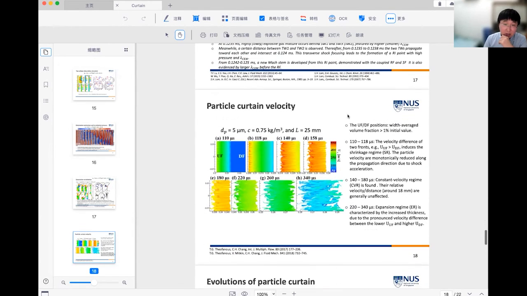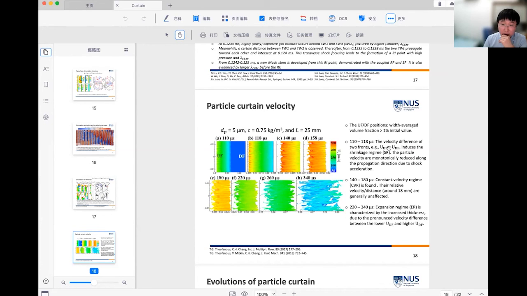So here we discuss the particle curtain phase. The figure shows the velocity fields of the particle curtain. Here the up front and down front of the particle curtain are determined from the average volume fraction when it is greater than 1% of the initial value. From 110 to 118 microseconds, we find the shrinking regime.